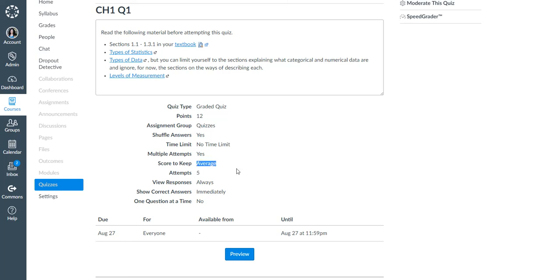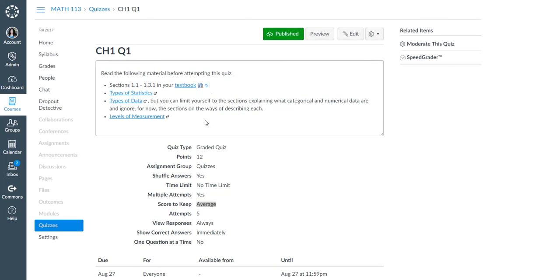If you get a 12 and a 6, it's going to take the average of those, which is 9, not the 12. So make sure you try as hard as you can to get the best grade you can. It is doing the average, not the highest.